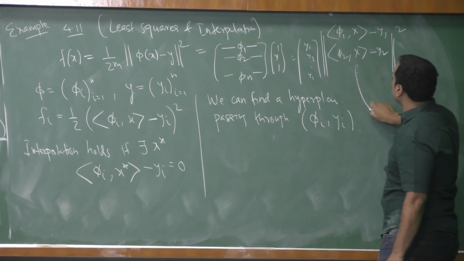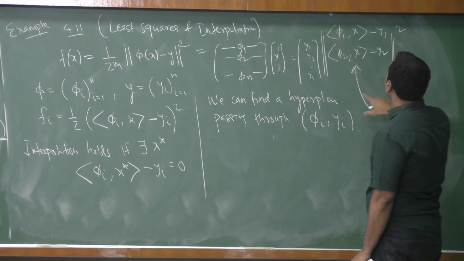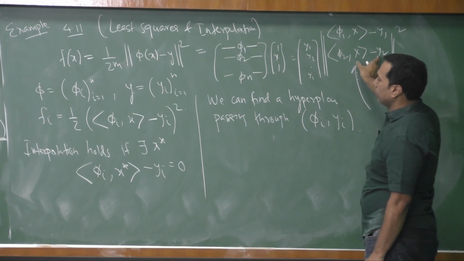Then this boils down to, so this is the 2 norm, this squared plus this squared and so on.